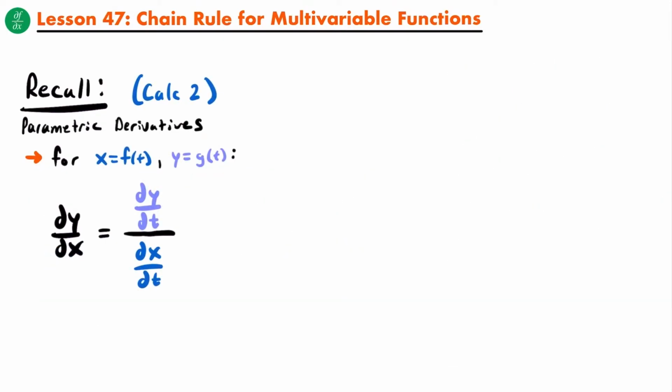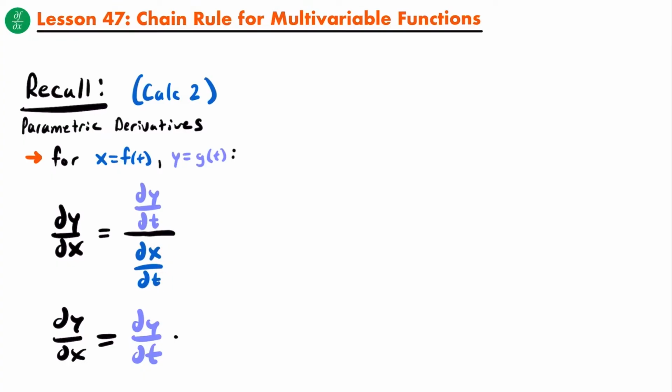Remember that in Calculus 2, if we had a set of parametric equations, x is equal to f of t and y is equal to g of t, that the derivative dy dx, or the derivative of y with respect to x, is equal to the derivative of y with respect to t divided by the derivative of x with respect to t. It looks different at first compared to our chain rule from Calculus 1, but if you were to slightly rewrite this by remembering that dividing by a fraction is the same as multiplying by the reciprocal of that fraction, you could also say that dy dx is equal to dy dt multiplied not by dx dt, but by dt dx, right?